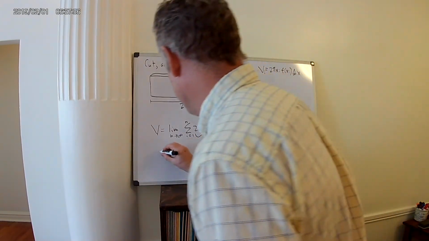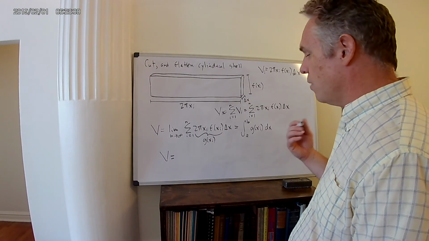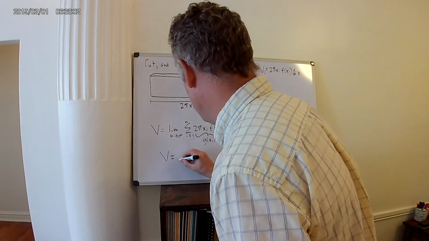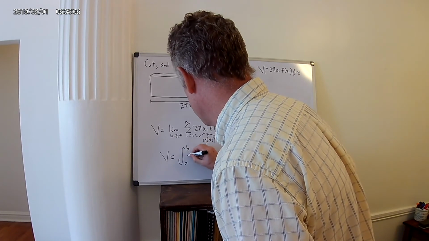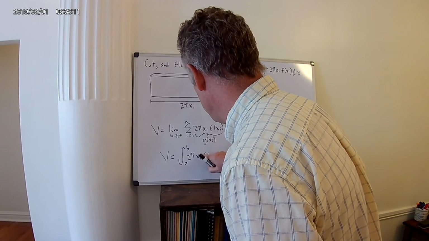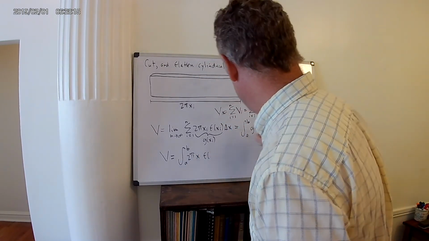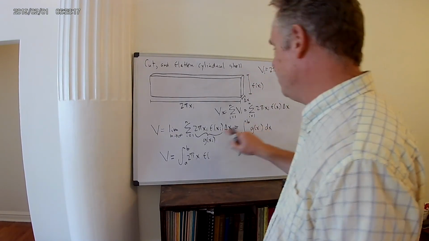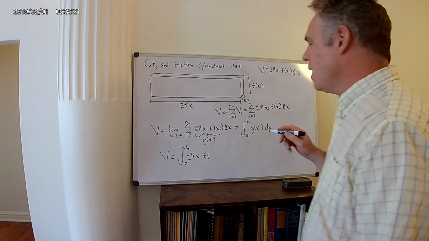So it turns out the volume of our solid of rotation is equal to the integral from a to b of 2 pi x sub i times 2 pi x times, I wrote this wrong. It's a mistake of mine. This should have been g of x here. Excuse me, just make a note of that. I wrote this incorrectly.